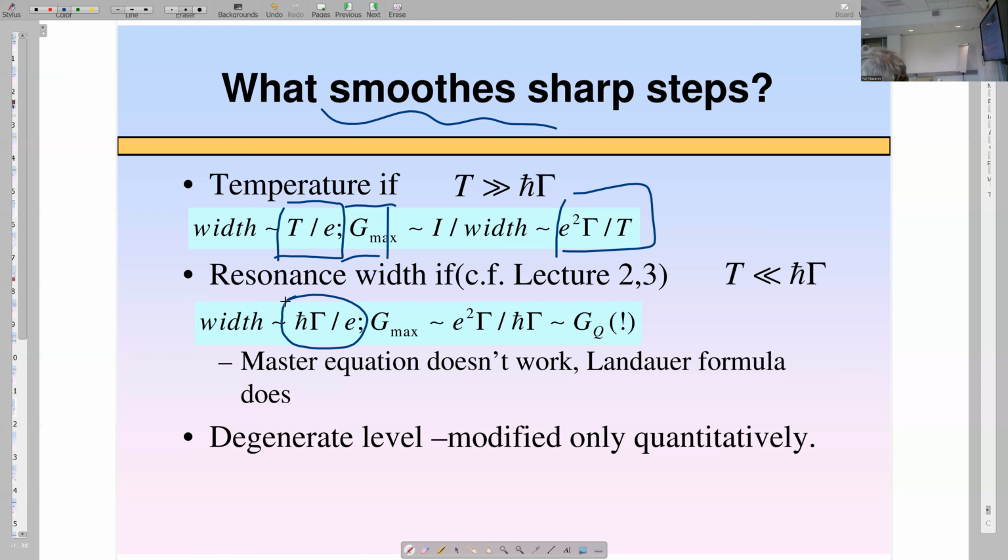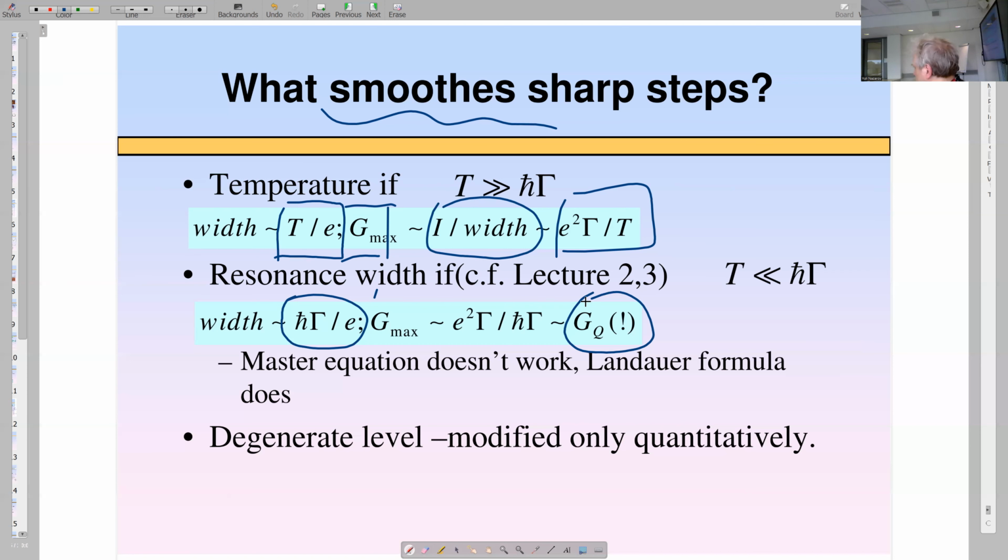If we substitute it into our estimation of conductance, current divided by this width, we will come to values of the order of GQ. That's a bit funny, but we understand that's a pretty generic situation. The conductance of each junction of the dot is much smaller than the conductance quantum.